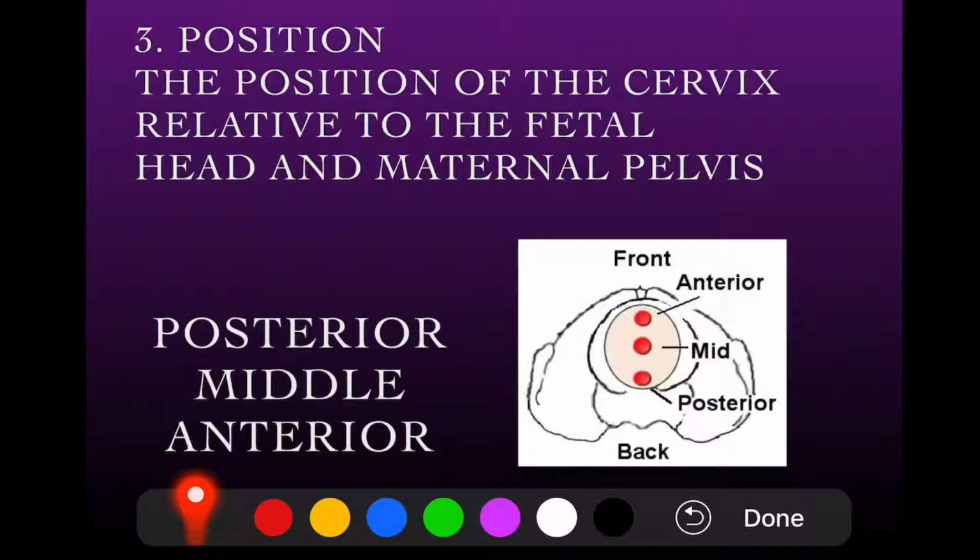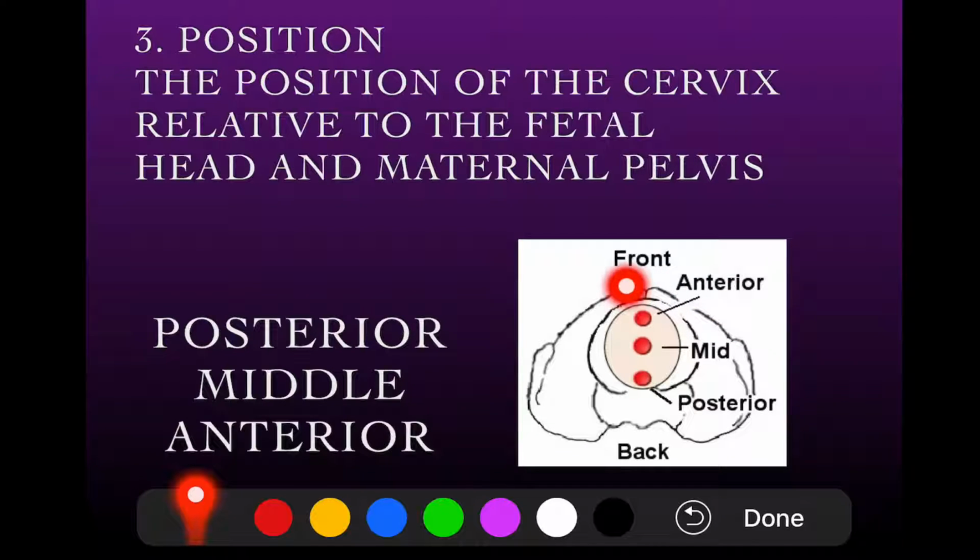The third component of the Bishop score is the position. What is meant by position? The position of the cervix related to the fetal head and maternal pelvis. This is the fetal head. This is the symphysis pubis. This is the sacrum. This is the complete pelvis.